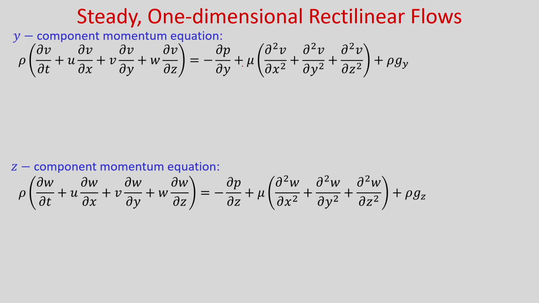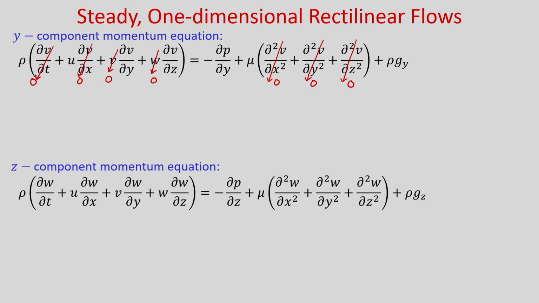Now, for this particular case, when we are considering flow inside two infinite parallel plates, let us simplify the y and z components of the momentum equations. So, you can see this is the y component of momentum equation. As it is a steady flow, this is 0, as v is 0, this is 0, and w is 0. So, left side all the terms are 0, and all these terms are 0 in the viscous term.